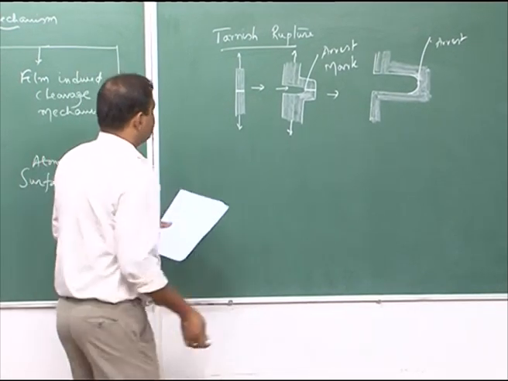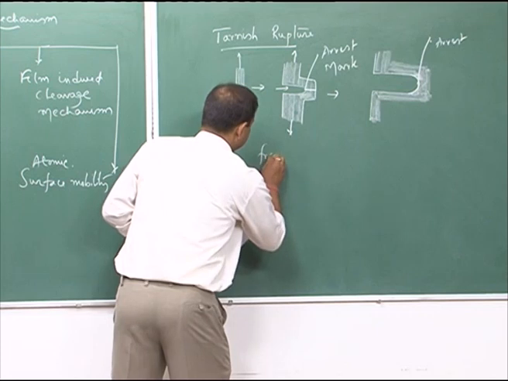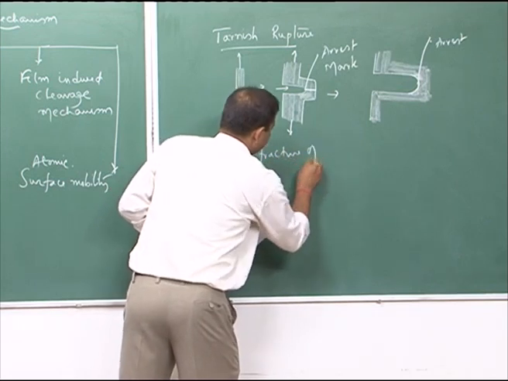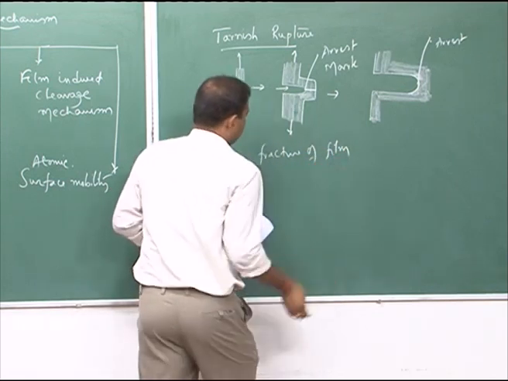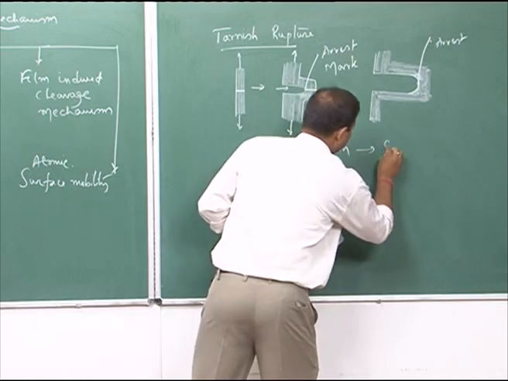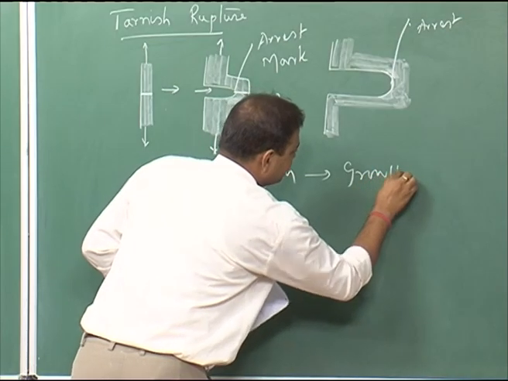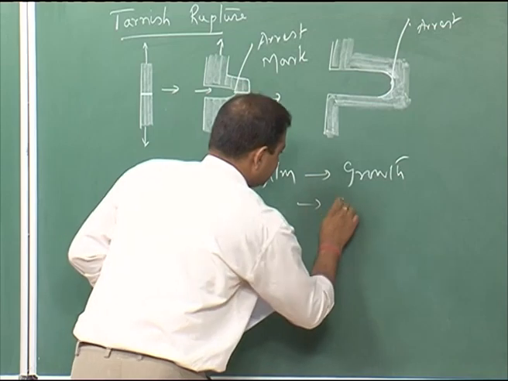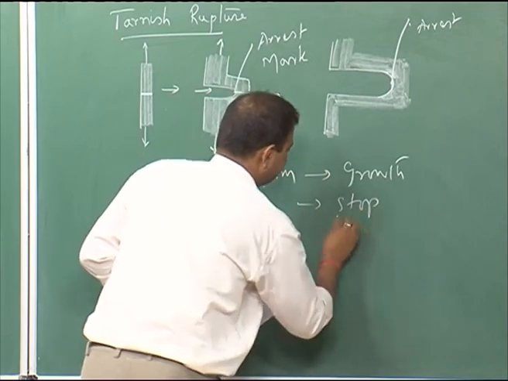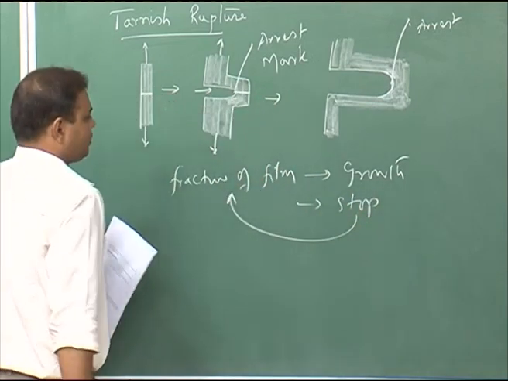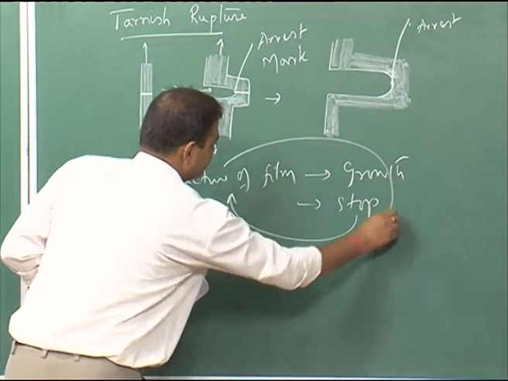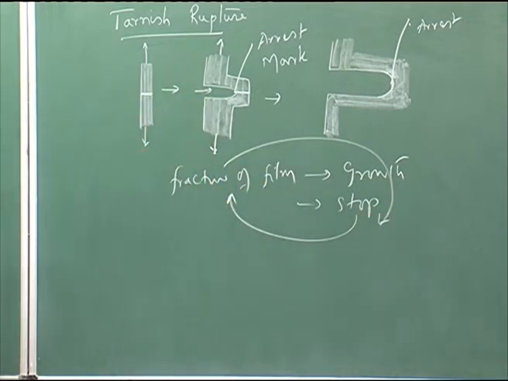That is, actually this is fracture of film, and then again growth, and then stop, and then again this process. Like that it will go on. So, this is the tarnish rupture model.